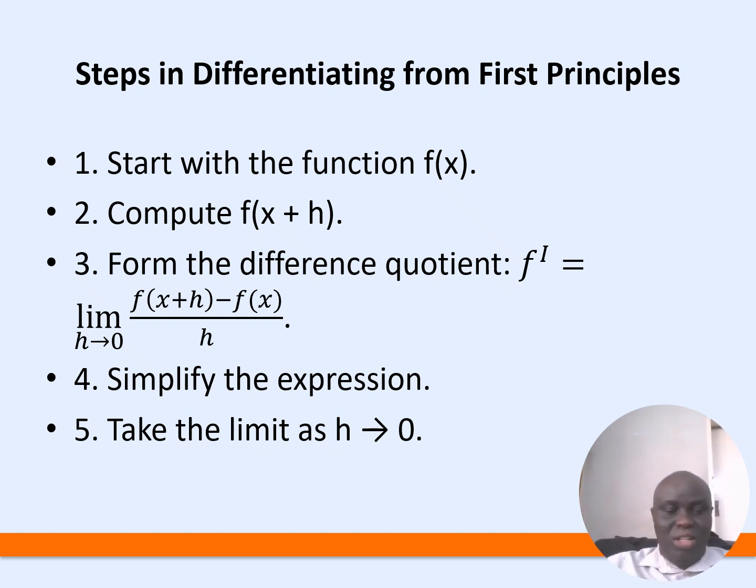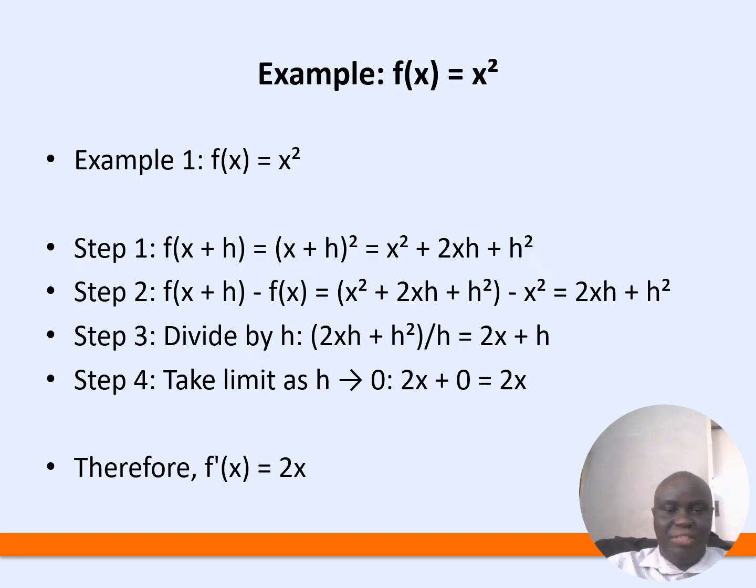Now quickly, let's go to the very first example. The question is f of x is equal to x squared. The question will tell you to differentiate from first principle. There are two ways of solving this particular question.